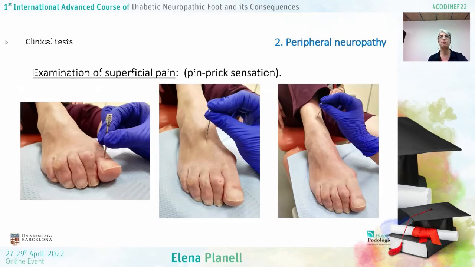When we test superficial pain, a disposable pin should be applied just proximal to the toenail, like here, on the dorsal surface of the hallux, with just enough pressure to deform the skin. The pin can have a sharp or a dull edge, and the patient is asked to recognize if the sharp or the dull edge is touching him and at what place.